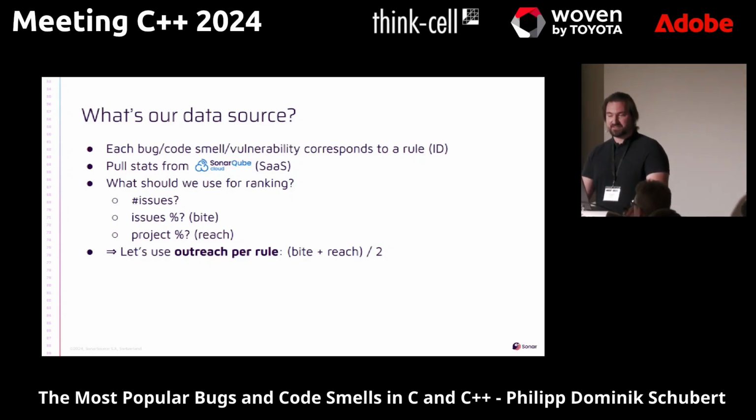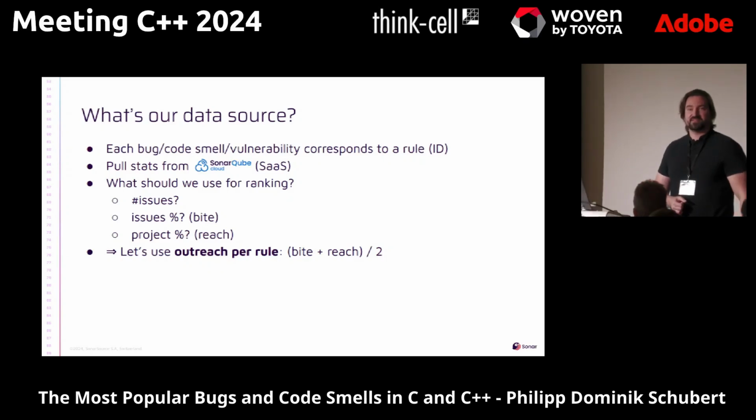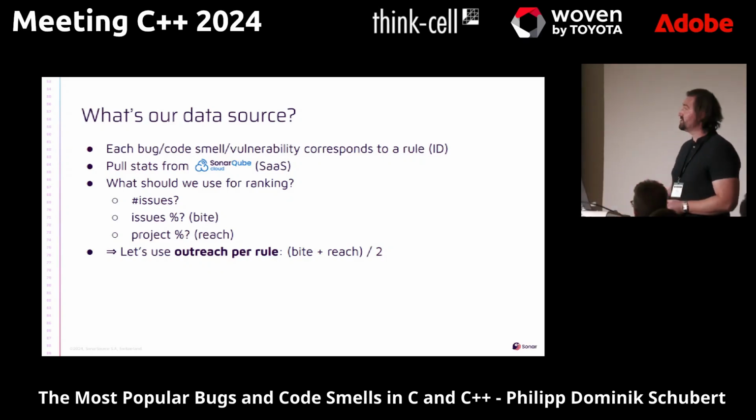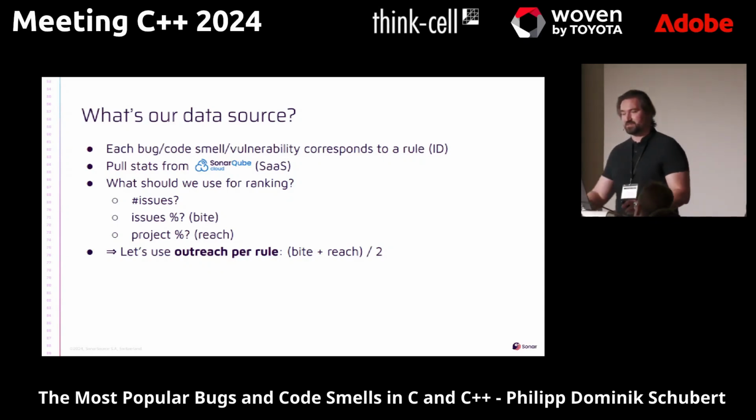Or should we take the issue percentage, so for a given rule, what is the percentage of issues that it causes, like offending pieces of code, that's the byte? Or should we use the project percentage, how many projects that we analyzed are affected, what we call the reach? And I thought, maybe let's use the outreach per rule, which is byte plus reach divided by 2, so just the average.